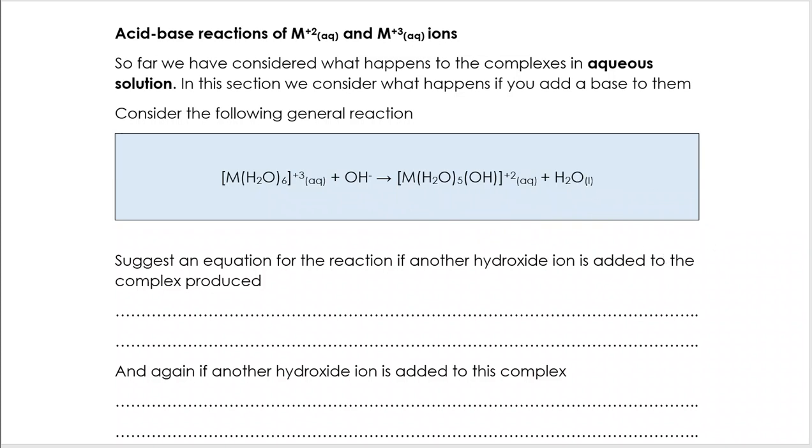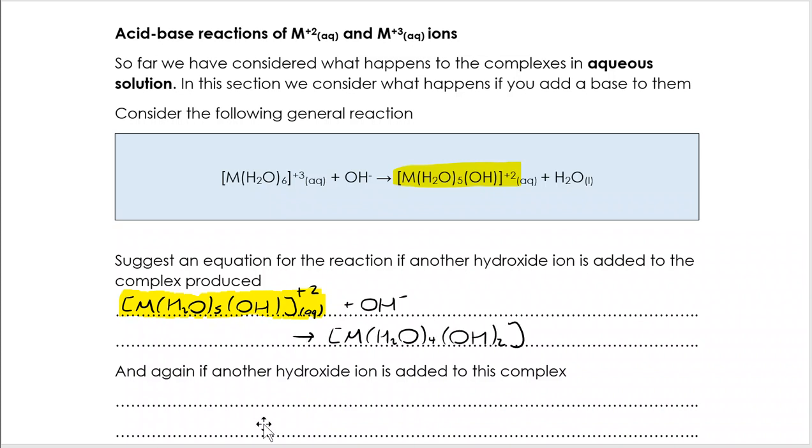But if I added a second hydroxide ion, what would it look like? Well, we start with what we made in the first equation, my [M(H2O)5OH]2+. It's gone down to 2+ because the OH has a minus charge, and we're adding a second OH- to it. Now, that OH- is going to take another proton from the complex.